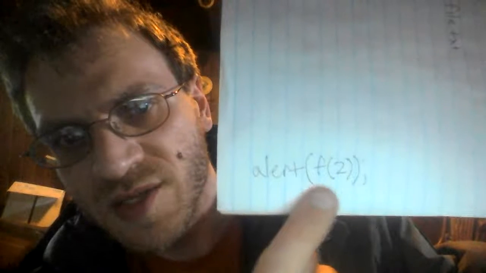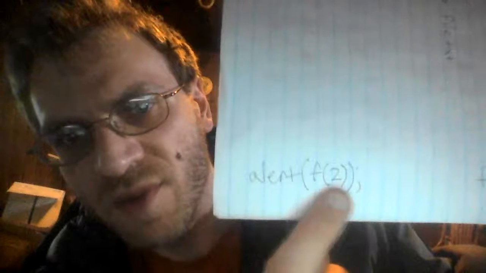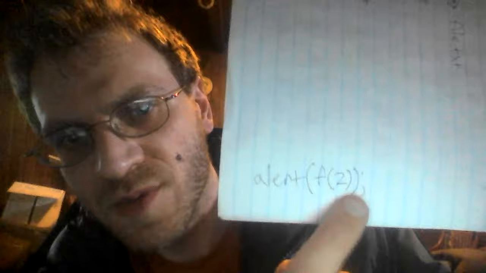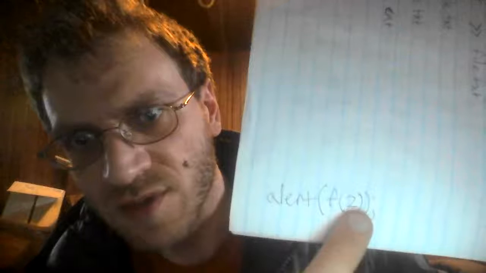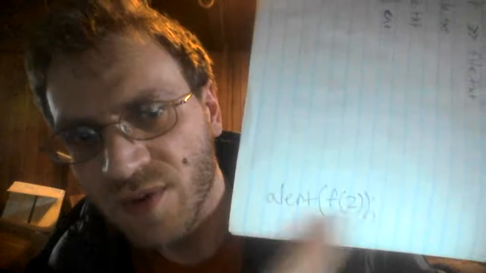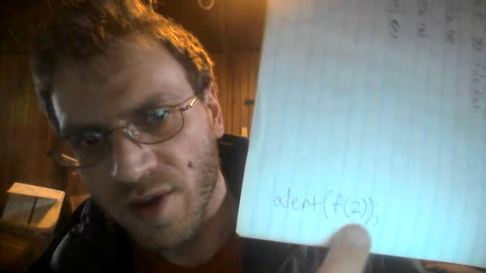But you would say alert open parenthesis and then f of open parenthesis 2 close parenthesis twice. You got to make sure these line up, and then a semicolon again. That should give you an alert that just gives you the number 4. 2 times 2 squared should give you a little alert box with the number 4, if you have this function declared correctly.